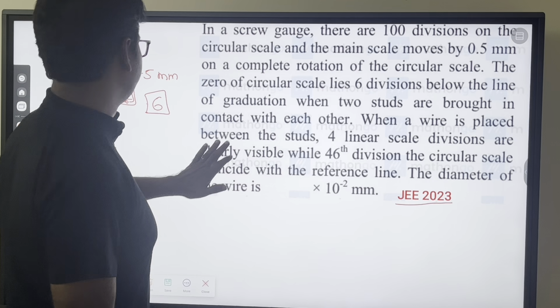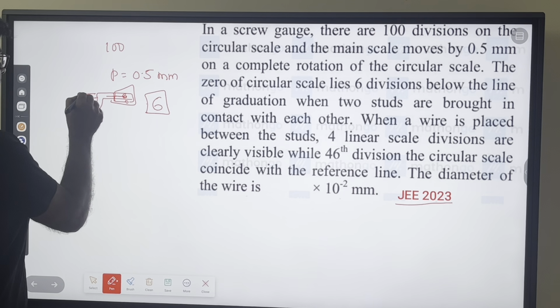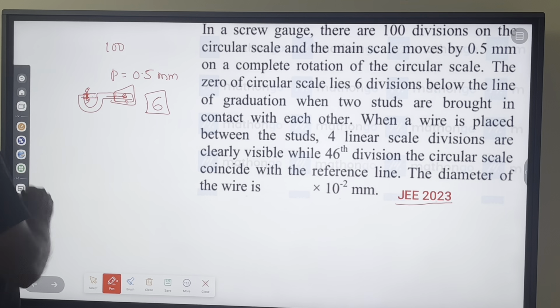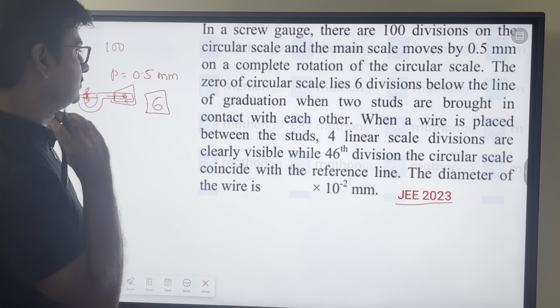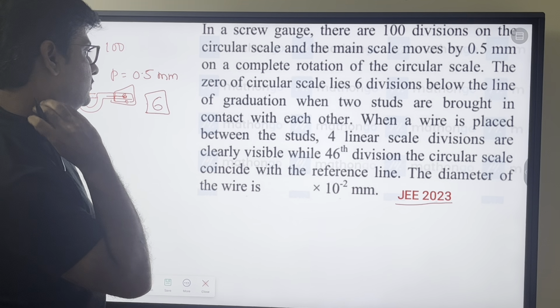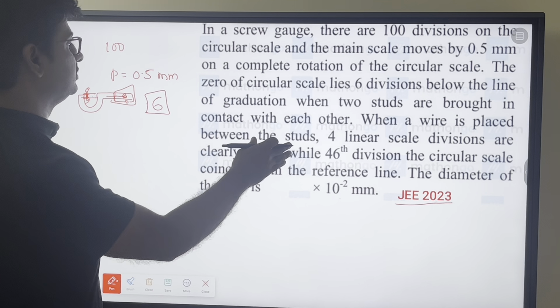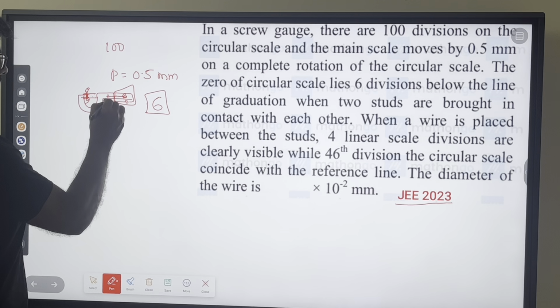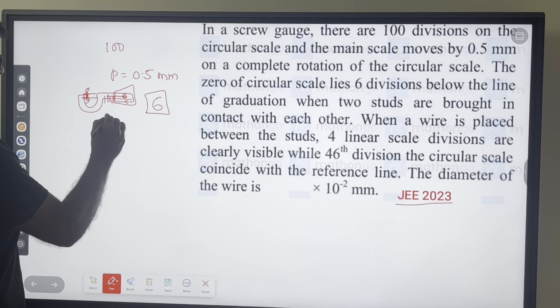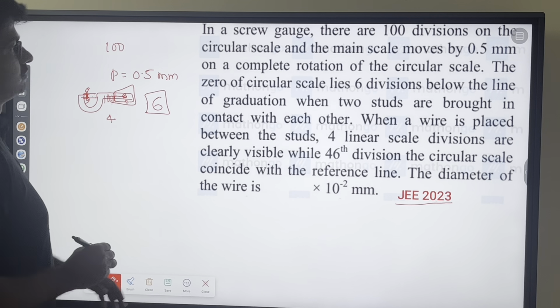When you are placing a wire and measuring, you open this, you rotate this and you place the wire here. Four linear scale divisions are clearly visible. So 4 divisions are visible. What is each division?